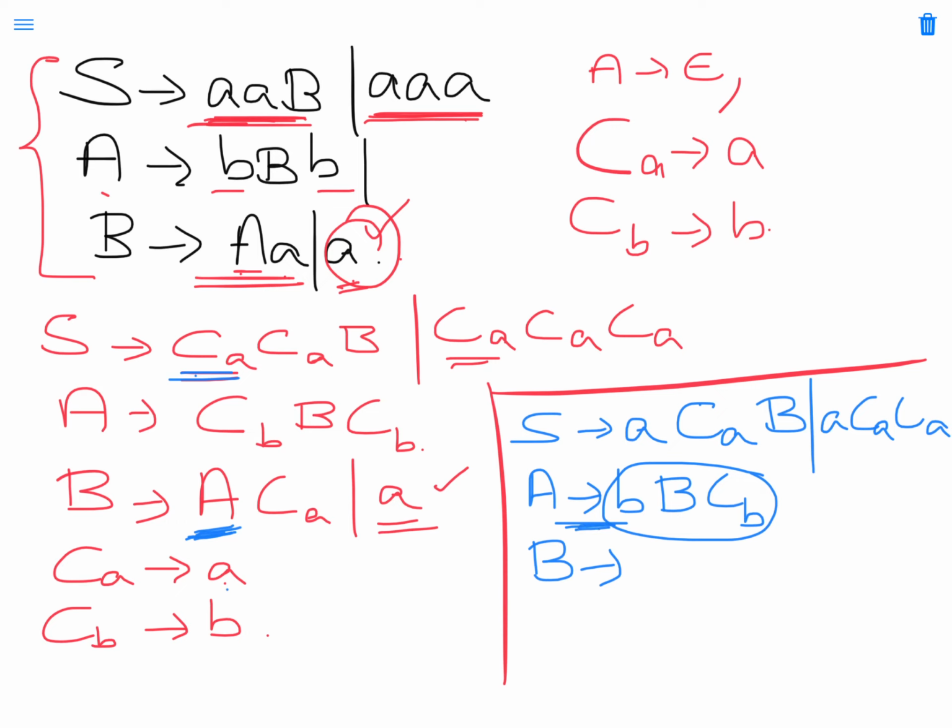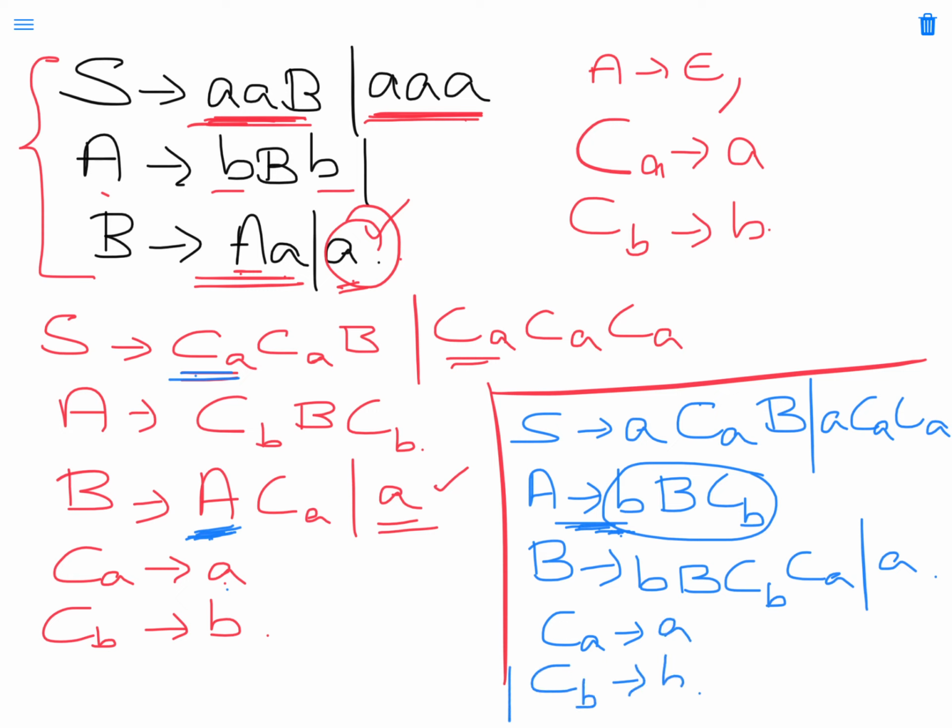So substitute this converted production in place of this A. So you can write it like B, CB, CA and A. Then CA gives A, CB gives B. So this is the resulting set of productions that is in GNF.